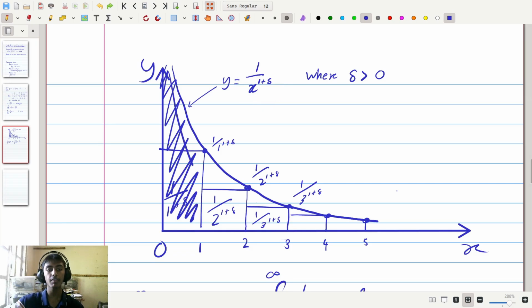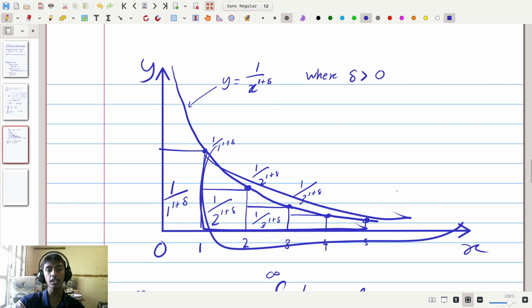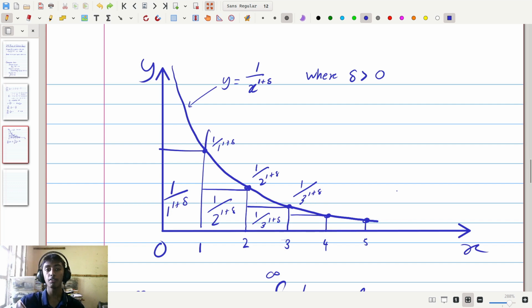The area under the curve here that I've highlighted is infinite. As it turns out, the rest of the curve's area, from here to infinity, is finite. So what we're going to do is ignore this little bit to the left, and only consider the area from this point here onward.